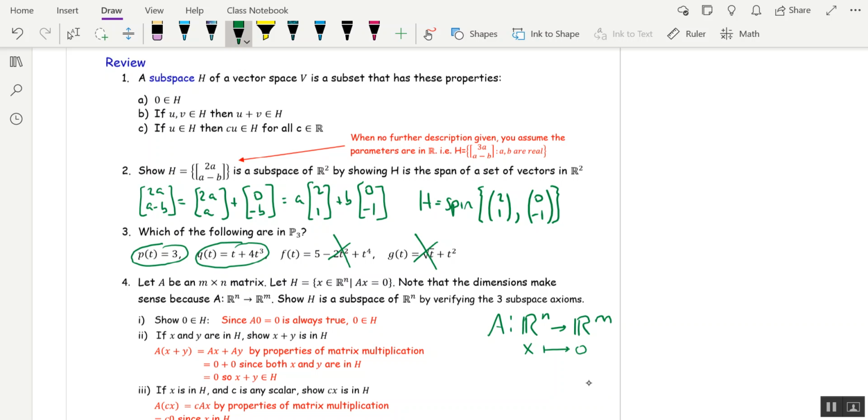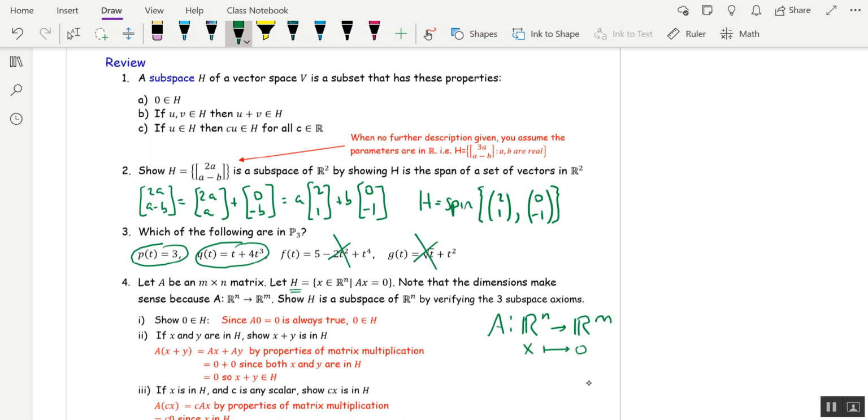So this is going to be a subspace of Rn because these vectors come from Rn. So the first thing, A times 0 is 0. So 0 is in this space. I'm calling it H right now, but I'm about to call it the null space. So 0 is in H. If I take two vectors in H, so two vectors that A sends to 0, I have to show that A sends their sum to 0.